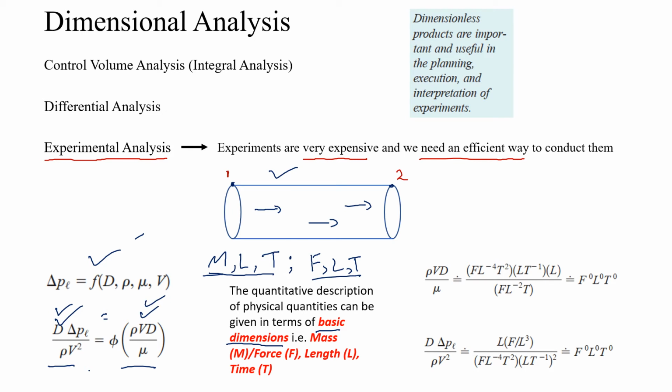So we have reduced them from 5 to 2 terms, and by doing so we have reduced the amount of time needed to conduct the experiments and the expenses required. We are going to study how to combine these variables in dimensionless form and then relate them like this with the help of the Buckingham Pi Theorem. So now let's move forward and see what the Buckingham Pi Theorem is.